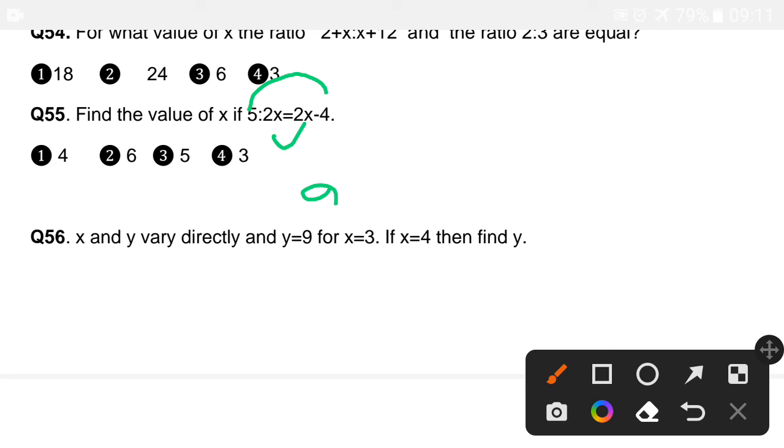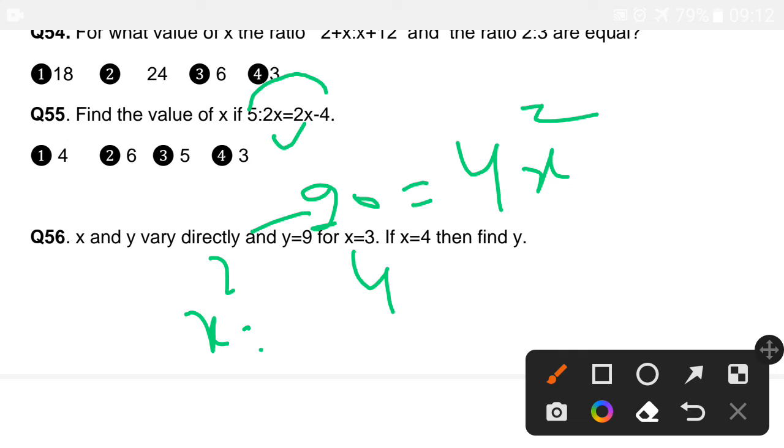So we get 5 times minus 4 is minus 20, and 2x times 2x is 4x square. Okay, so 4 into x square equals minus 20, so x square is minus 20 by 4, that is minus 5.